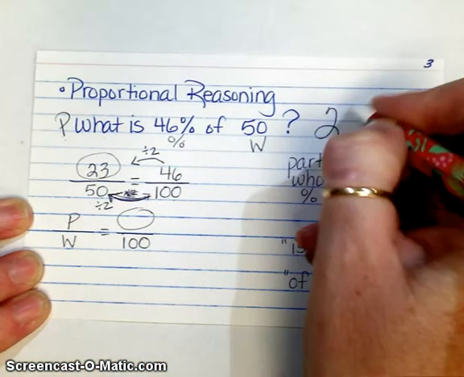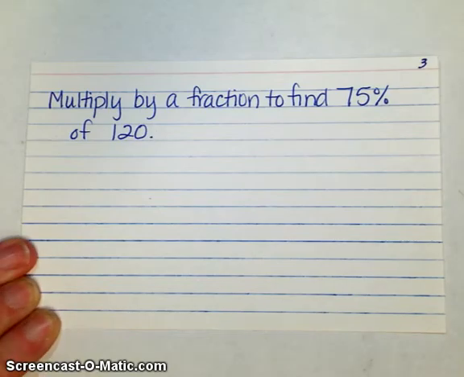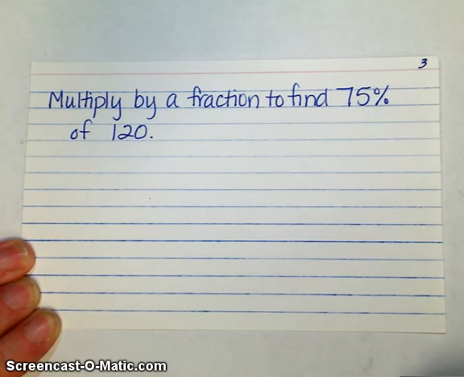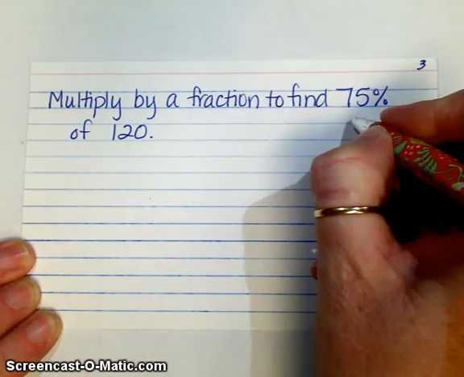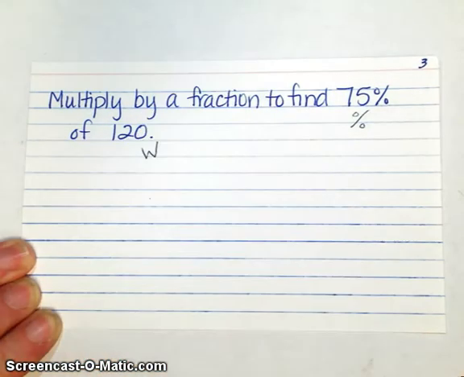The answer is 23. Okay, the next method that we talked about is how you can multiply by a fraction to find a percent of a number. Right here it says multiply by a fraction to find 75% of 120. So guys, here is our percentage. Of is right next to this, so here is our whole number.